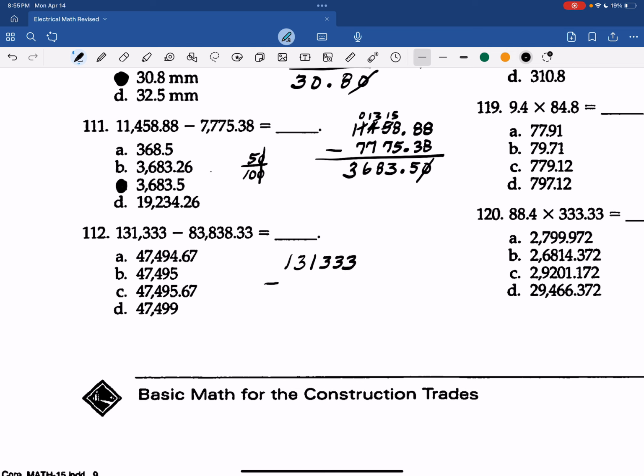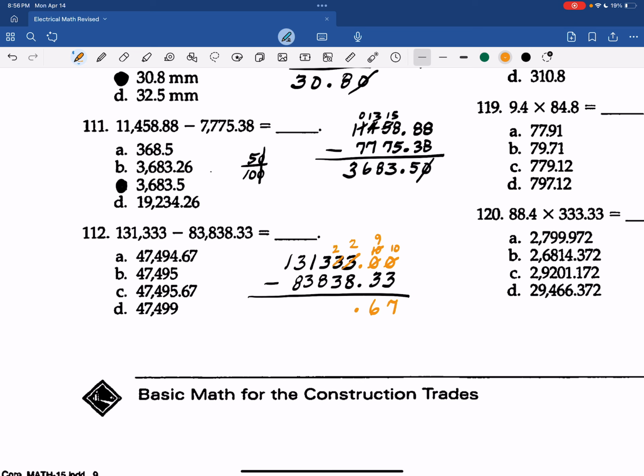131,333 minus 83,838 and 33 hundredths. You cannot just drop those threes. You have to borrow to get rid of them. So this becomes 2, this becomes 10, this becomes 10, and then you can start your subtraction.